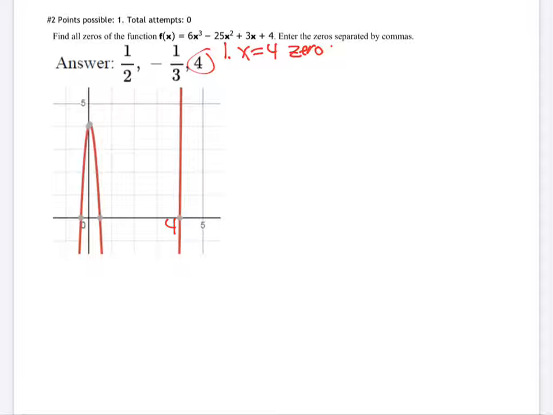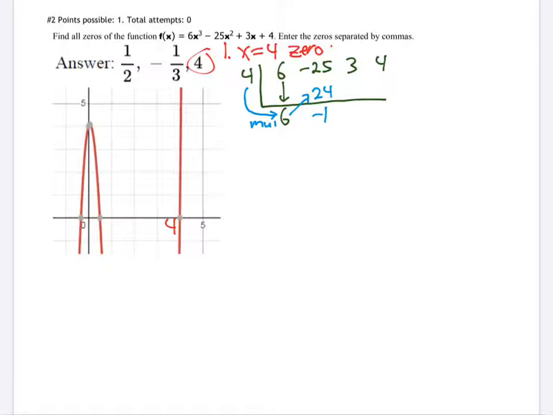All right, so we're going to do the synthetic division with the 4. Put in the coefficients, 6, minus 25, 3, and 4. We bring down the 6, and we begin. We multiply. 4 times 6 is 24.